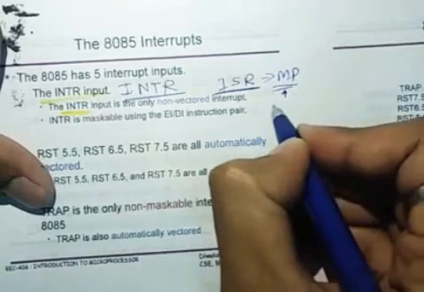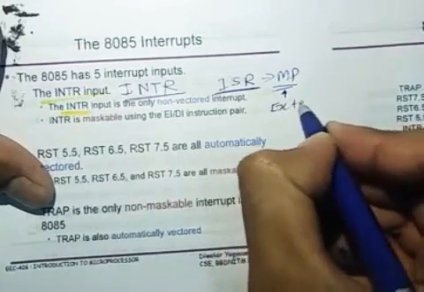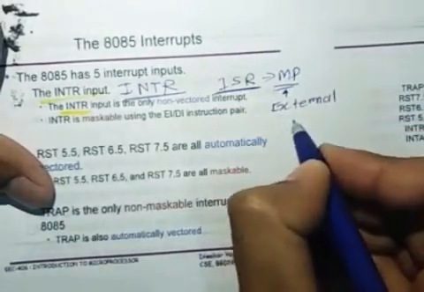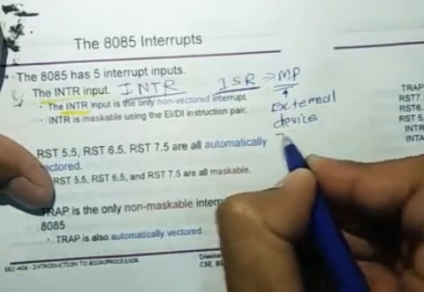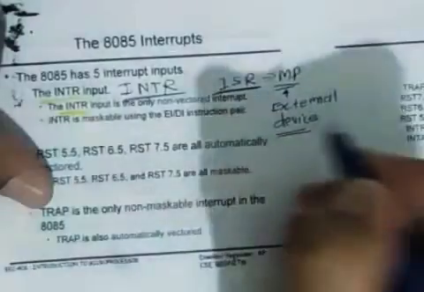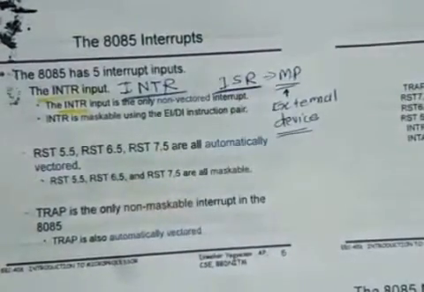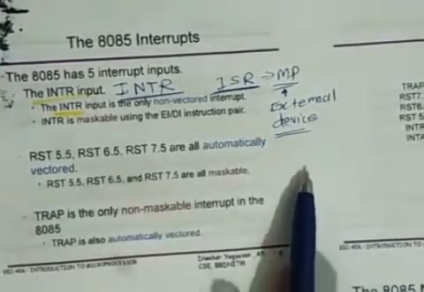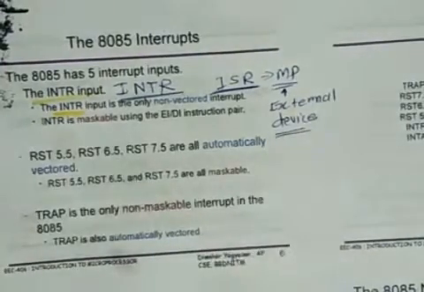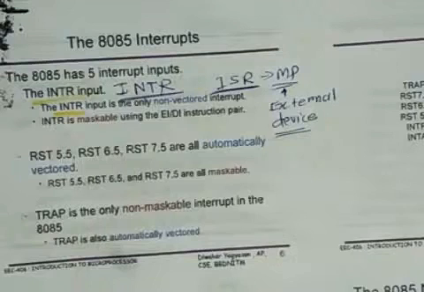An external device has to provide the ISR, the interrupt service routine, to the microprocessor.